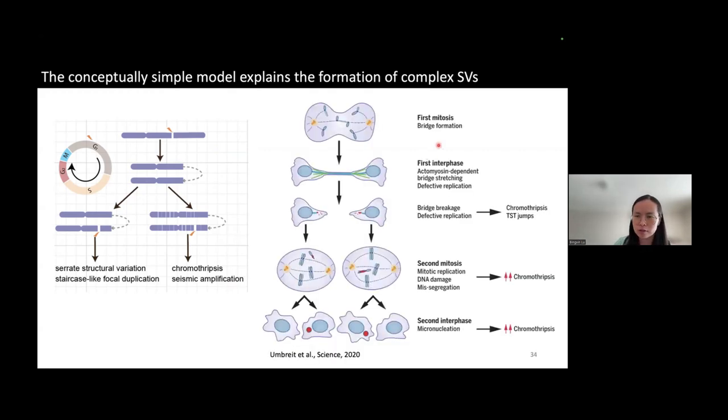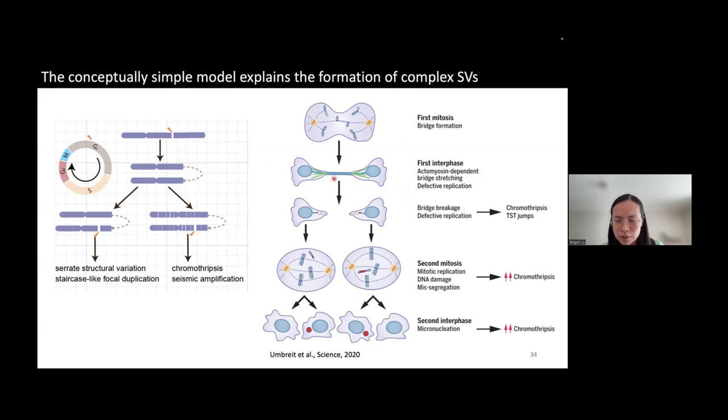There's a recent study showing that complex SVs can be generated from one cell division error. For example, here you can see in this cartoon the bridge formation during the first mitosis, similar to here.